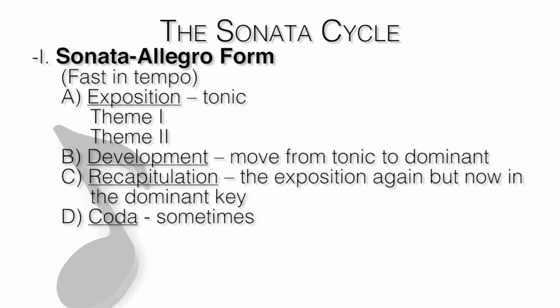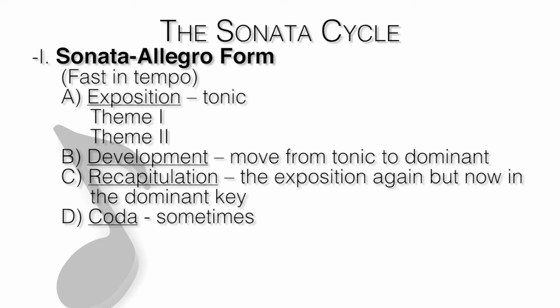The sonata allegro form of the 4 movements of the sonata cycle is the most involved. It starts out with a section called the exposition. Within the exposition, we hear the 2 melodies or 2 themes, again, back to back. This is a holdover from the Italian suites. Following the exposition, the next section is the development.